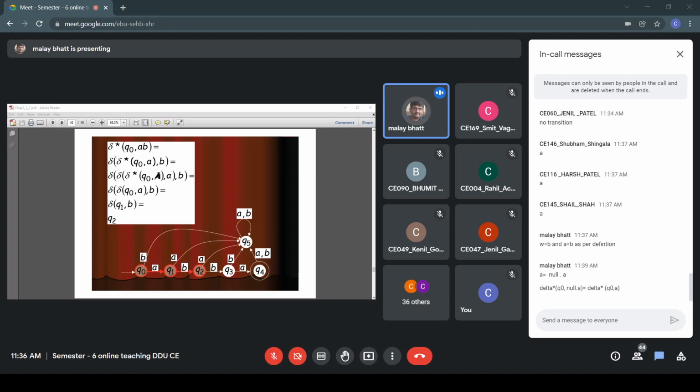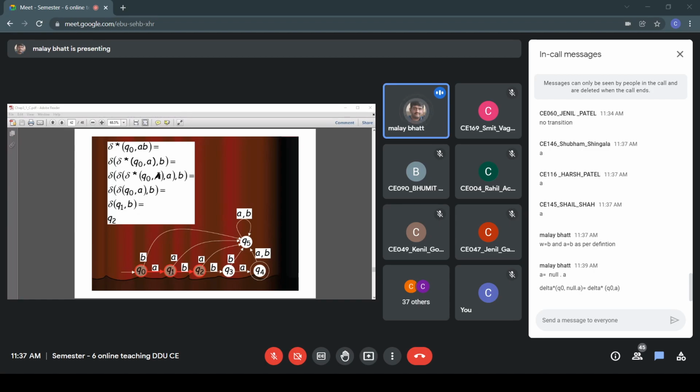So I am applying the definition of delta star: delta of delta star of q0 comma null, comma a.